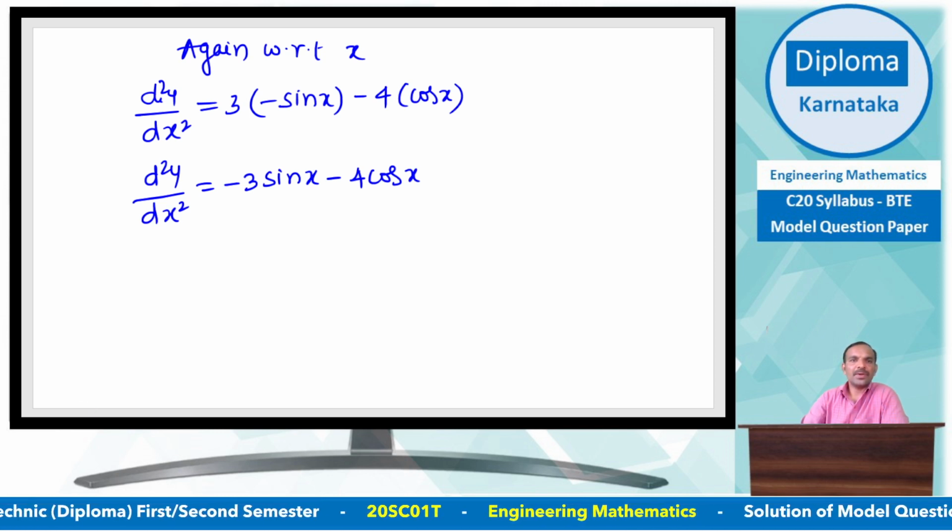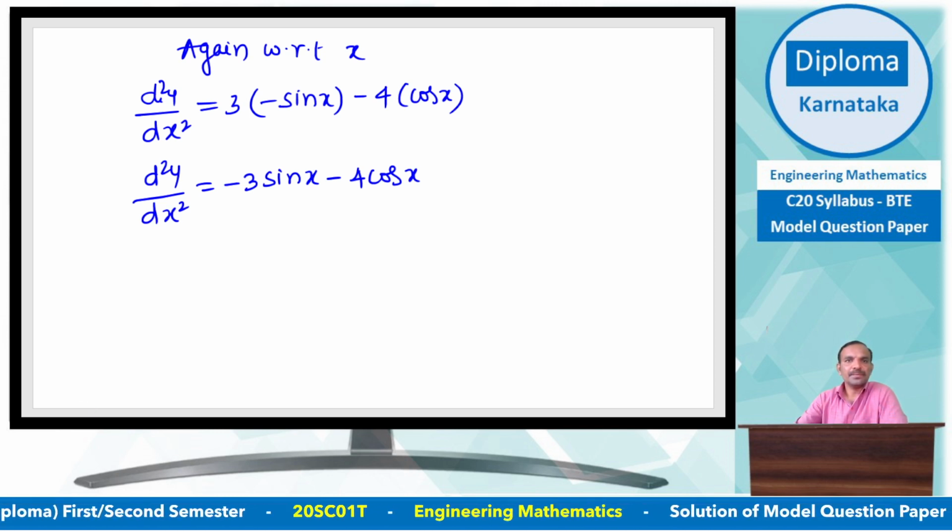Actually our question is to find d square y by dx square at a particular point, and the point given is x equal to 1.